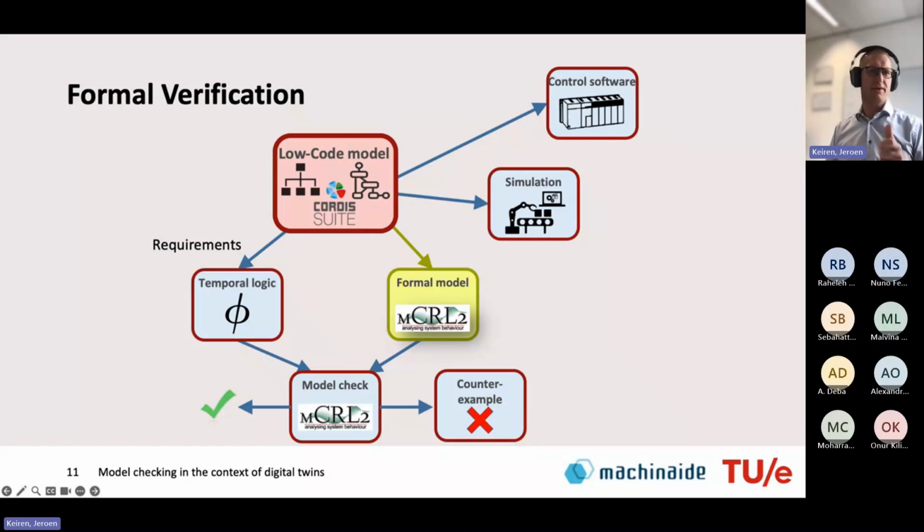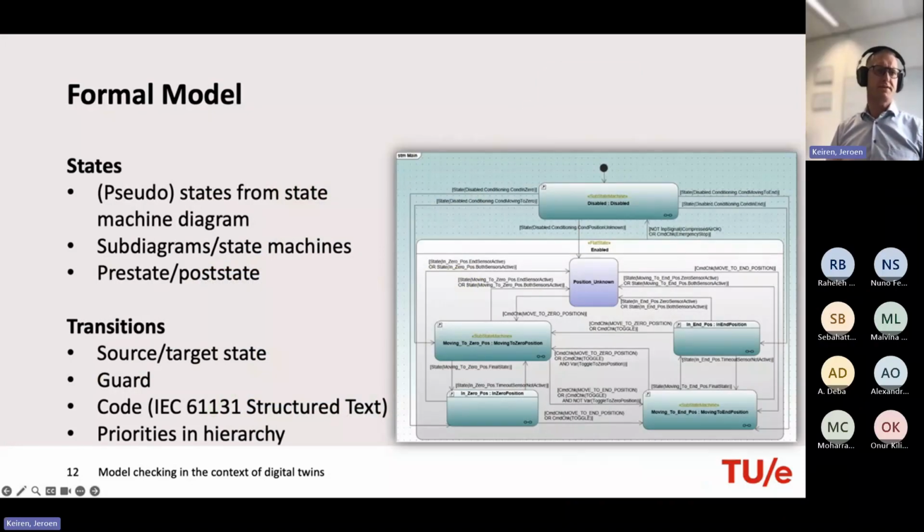Now let's very briefly look at some of the details in the translation. So the basis of the translation of the model to mCRL2 is fairly straightforward. We mainly need to describe how the states and transitions are translated, and how code on the transitions and inside these states is translated.